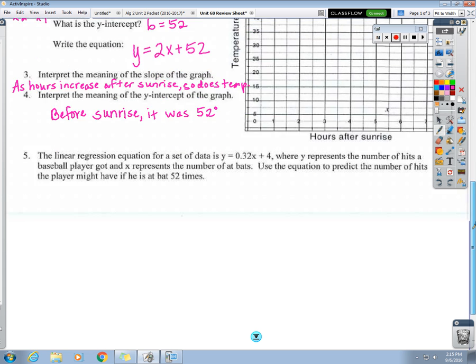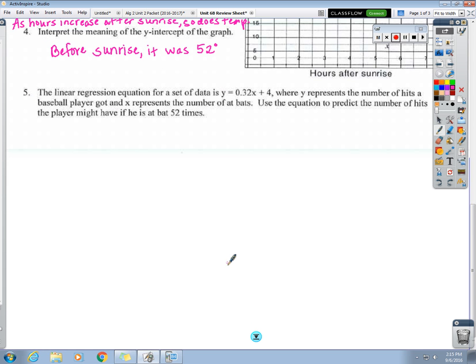Alright, number 5. The linear regression equation for a set of data is y equals 0.32x plus 4, where y represents the number of hits a baseball player got and x represents the number of at-bats. Use the equation to predict the number of hits a player might have if he is at bat 52 times. Okay, so they tell us to use the equation, so I'm going to go ahead and bring it down here.